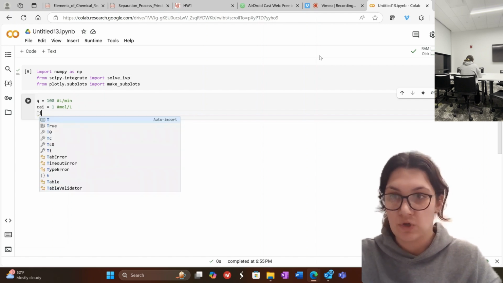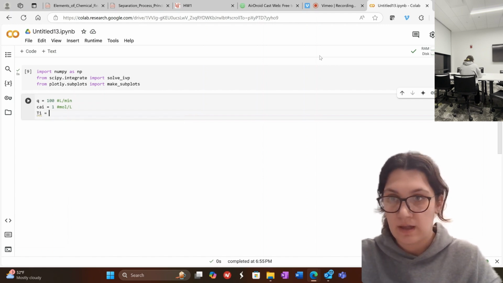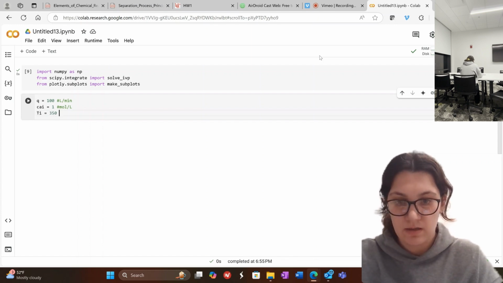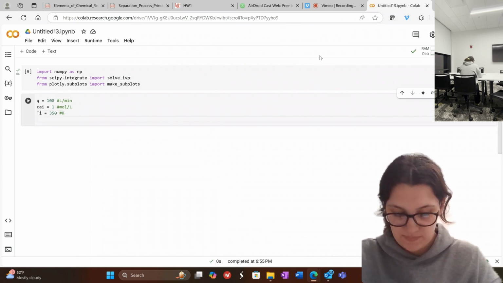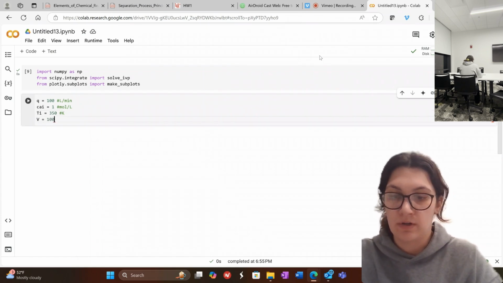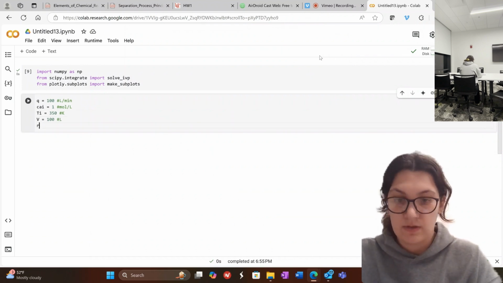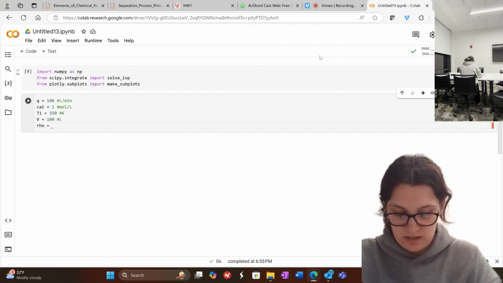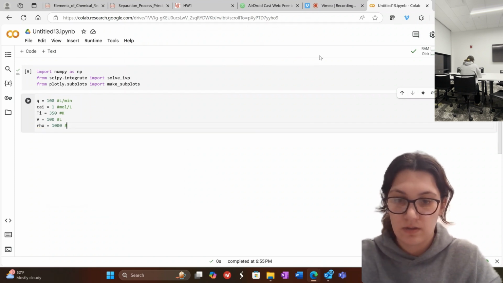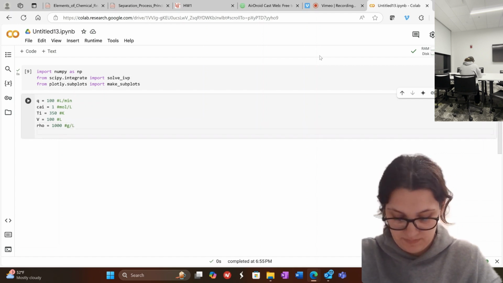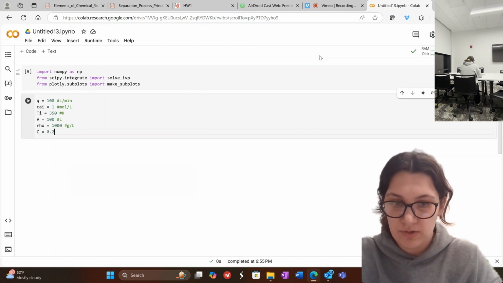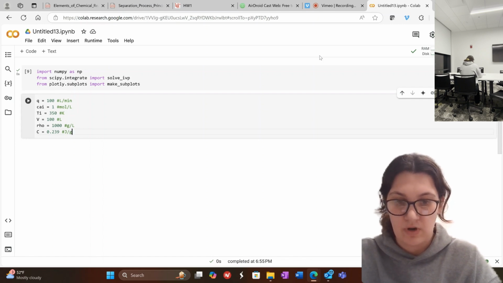Our temperature in at 350 kelvins. Volume at 100 liters. Density at 1,000 grams per liter. Heat capacity at 0.29 joules per gram per Kelvin.